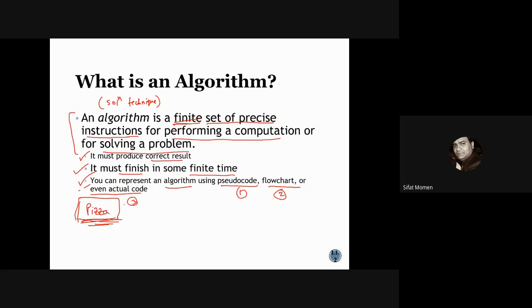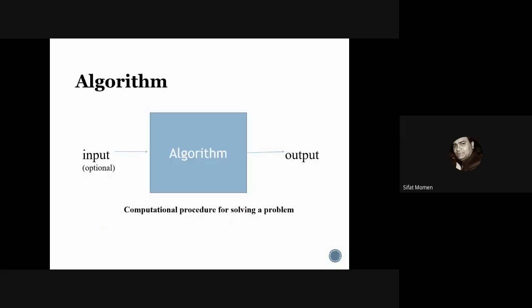Agreeable? Yes, sir. In this course, we mostly would express the algorithm using pseudocode. That's what we're going to do. But bear in mind that there are other ways you could also express an algorithm. Now, if we think about what an algorithm is, you can think of it this way.